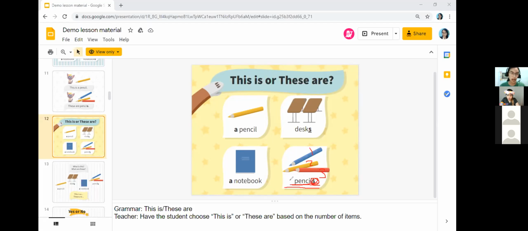Oh, Ina. One desk. A desk. Very good. This is. These are. One desk.